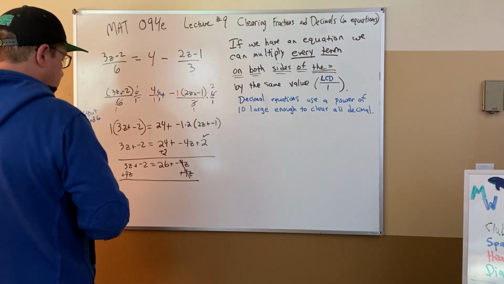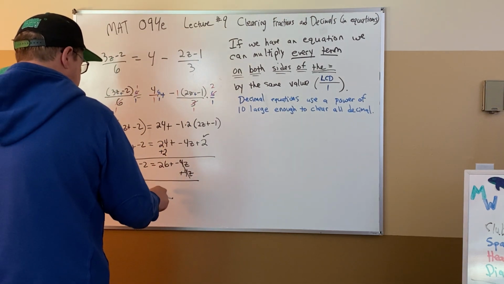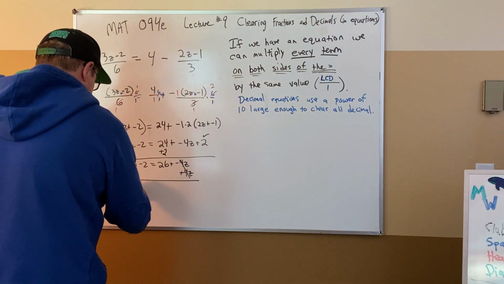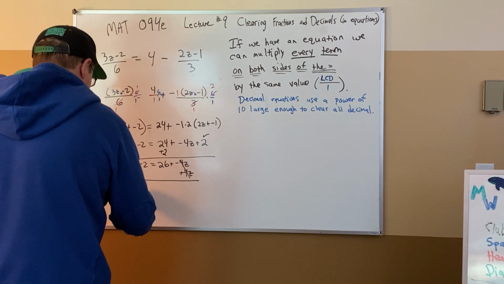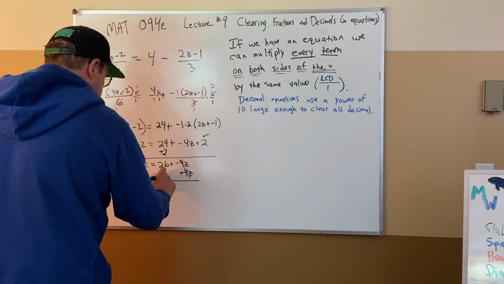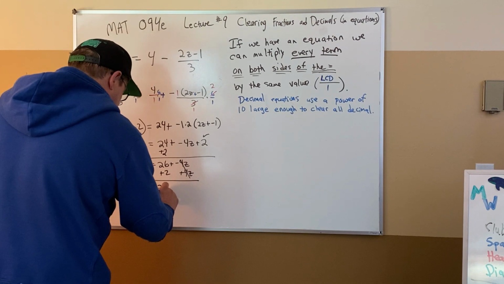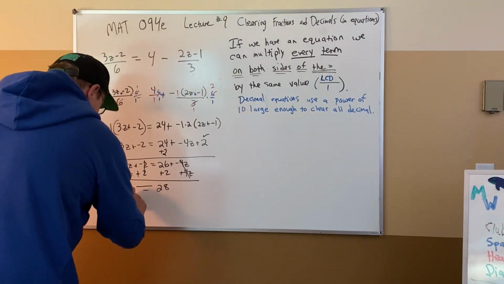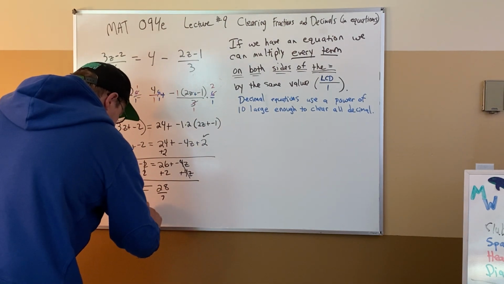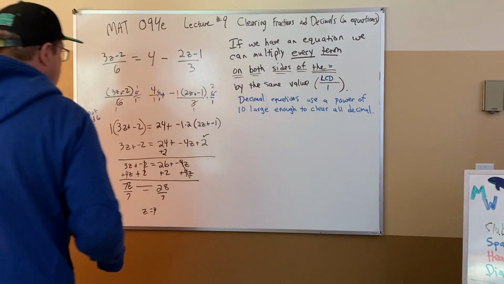That's gone. That means this is where my 7z will appear. This can't stay, so +2 plus 2 gone equals 28. Divide by 7. z is 4. It's like 4 is what I got.